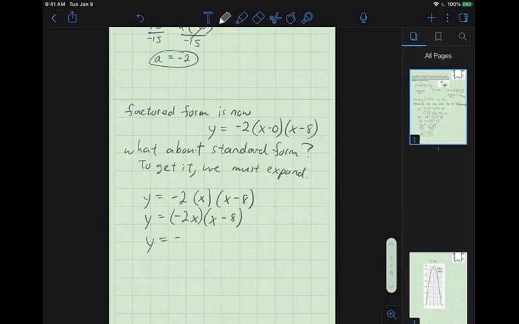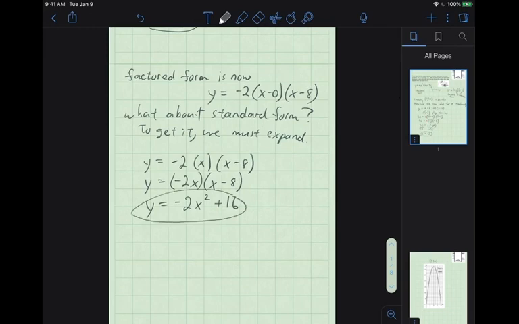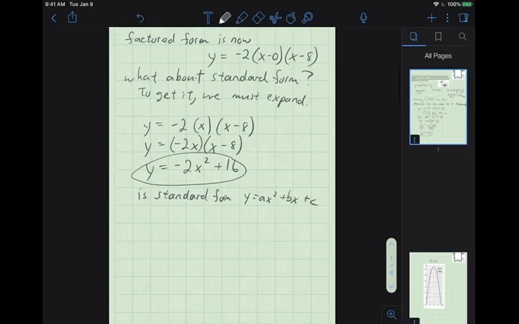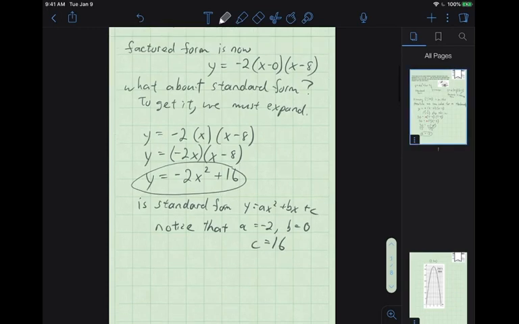Y equals negative 2x squared plus 16. Okay, this thing is standard form. Y equals ax squared plus bx plus c. Notice that a equals negative 2, b equals 0, c equals 16.